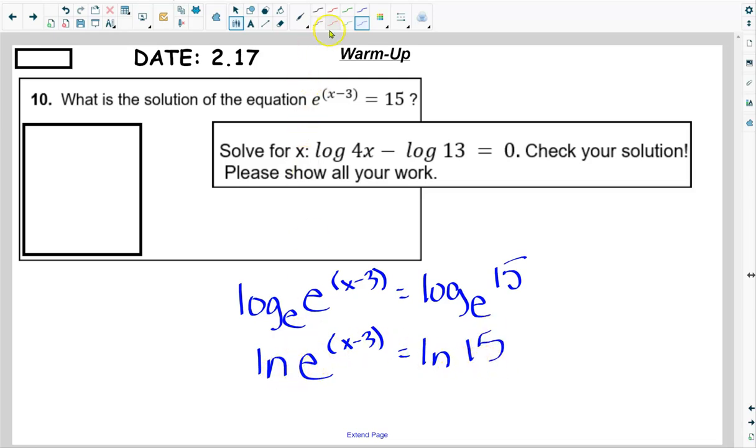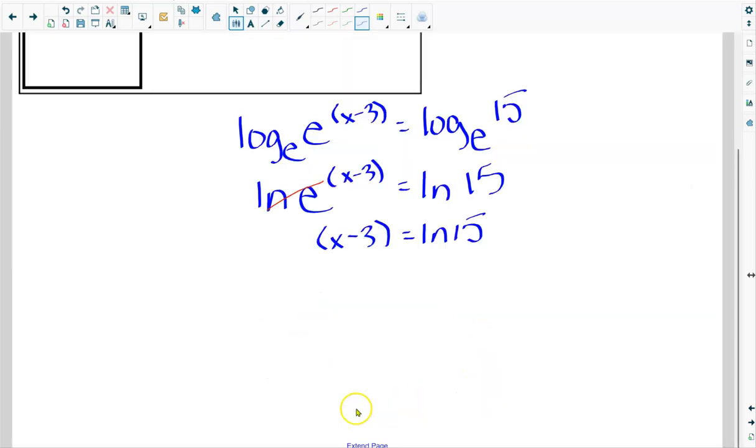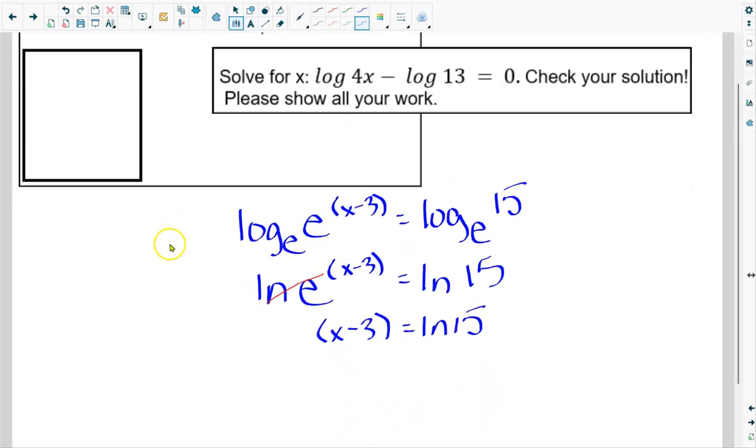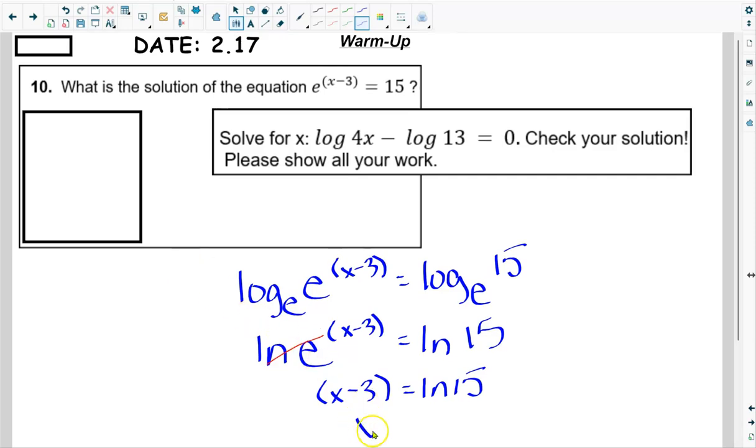So long story short, this cancels, and we have x minus 3 equals natural log 15. We're going to go ahead and add 3 to both sides, and x equals natural log 15 plus 3.